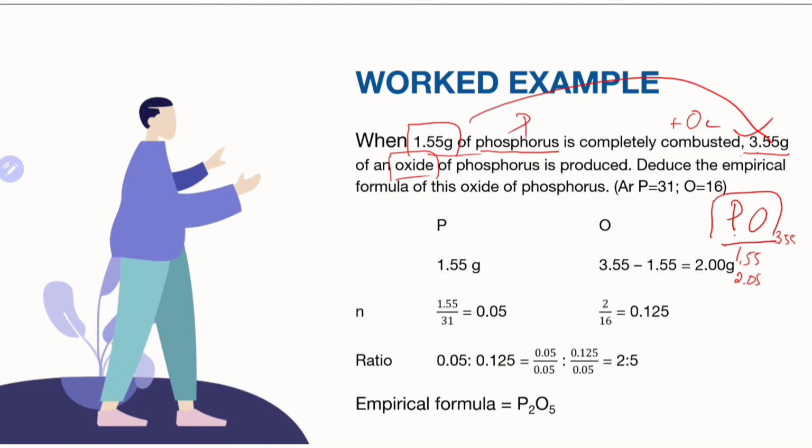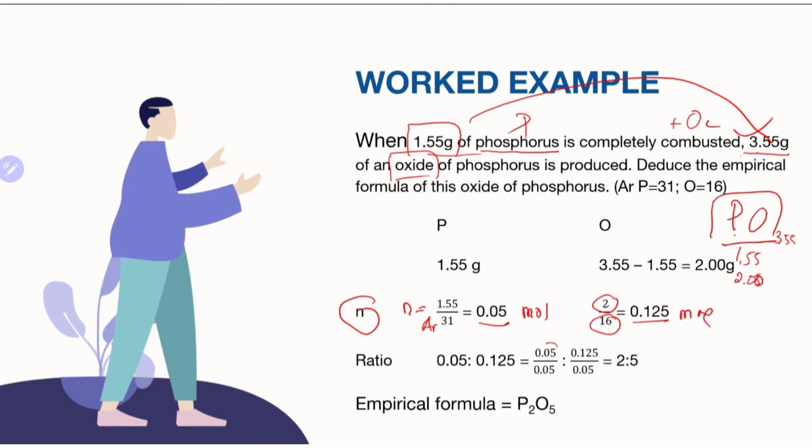So we can calculate the n of P: 1.55 divided by the AR of P, this is the n, mole, 0.05 mole. For oxygen, the mass divided by the AR of O, then we get 0.125 mole.